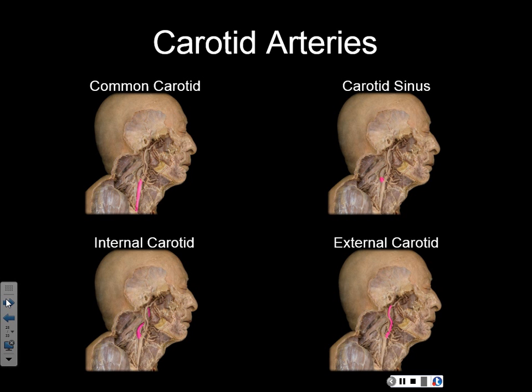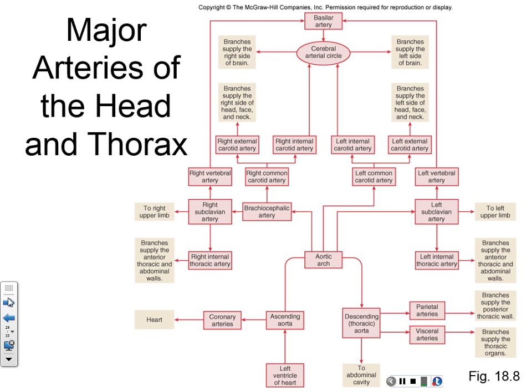The common carotid here, and then it splits into the external and internal, and where they kind of split is called a sinus because it's like a huge area where they meet and then they split. You can look at it later to see it.